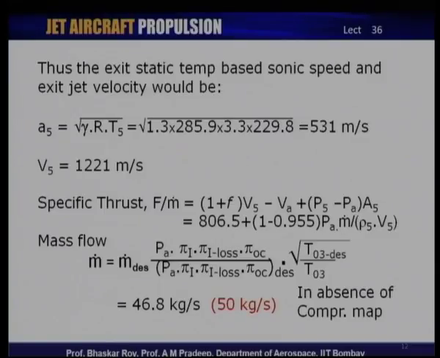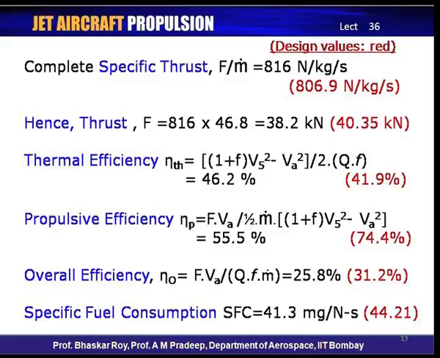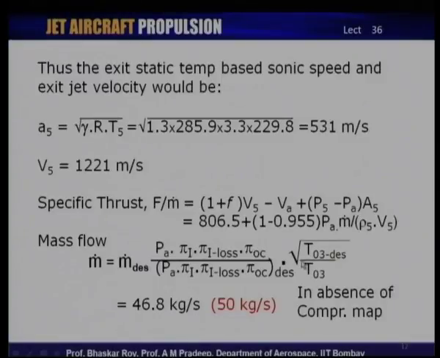Using this mass flow, we can go back to the specific thrust that we were estimating, and come back to the second term, which is the calculation of the pressure thrust, where we can plug in the mass flow, and also the value of density of the gas at the exhaust face.